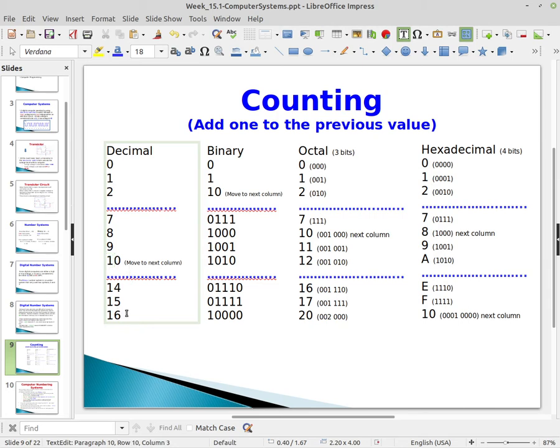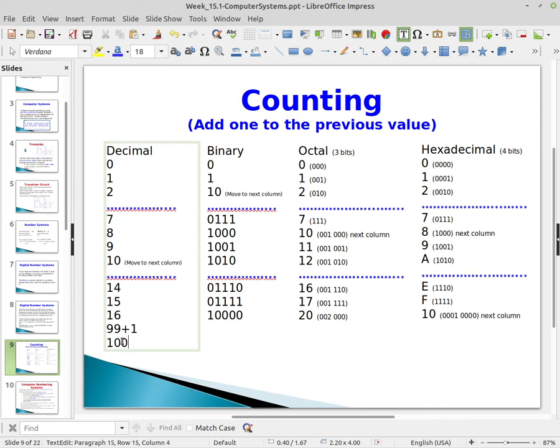And then so on. So if we go on down to 14, 15, 16, and so on. Now, if we get all the way up to 99 and we add 1 to that, we would have to have 1, 0, 0.